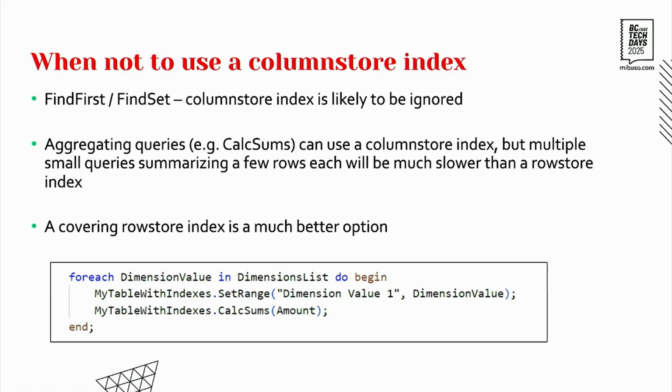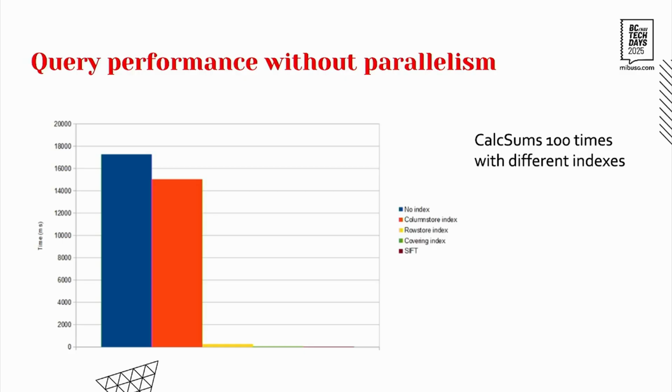I just loop over the list of dimensions and run calc sums in the loop. The table itself has just 1 million rows, and every call of calc sums summarizes around 1% of all the values in this table. So every time calc sum is called, around 1% of all table data is retrieved and summarized.